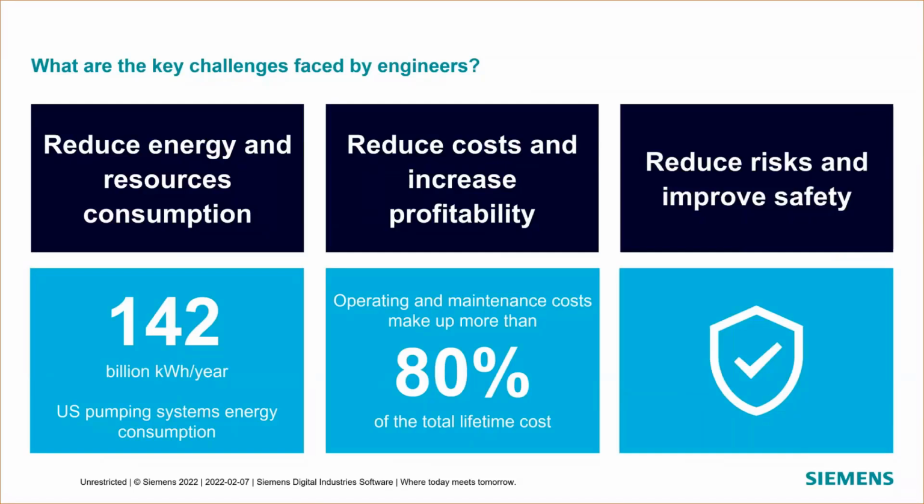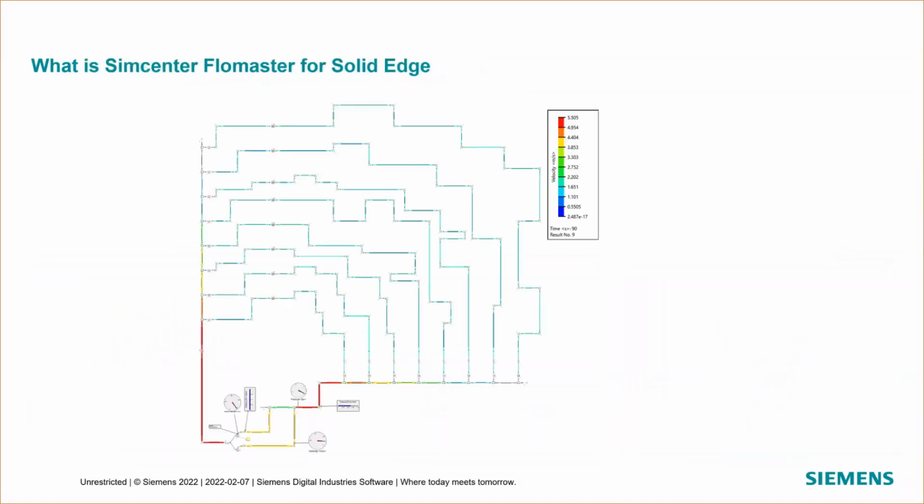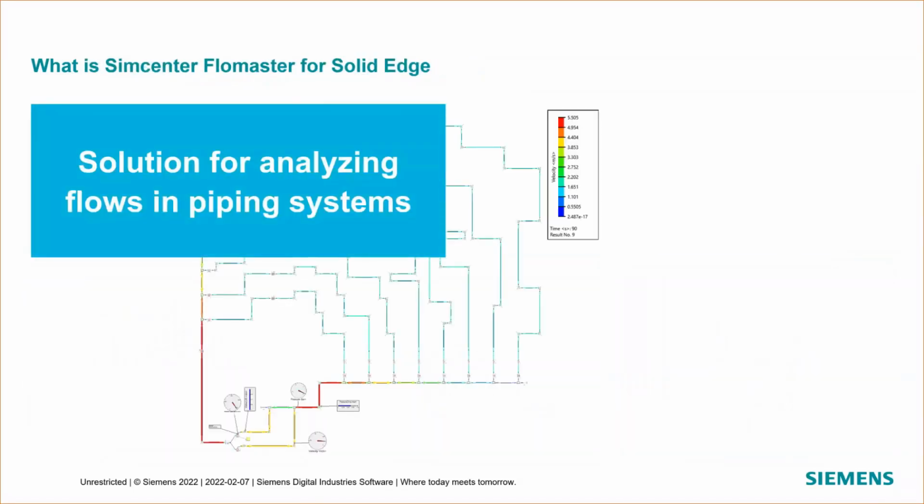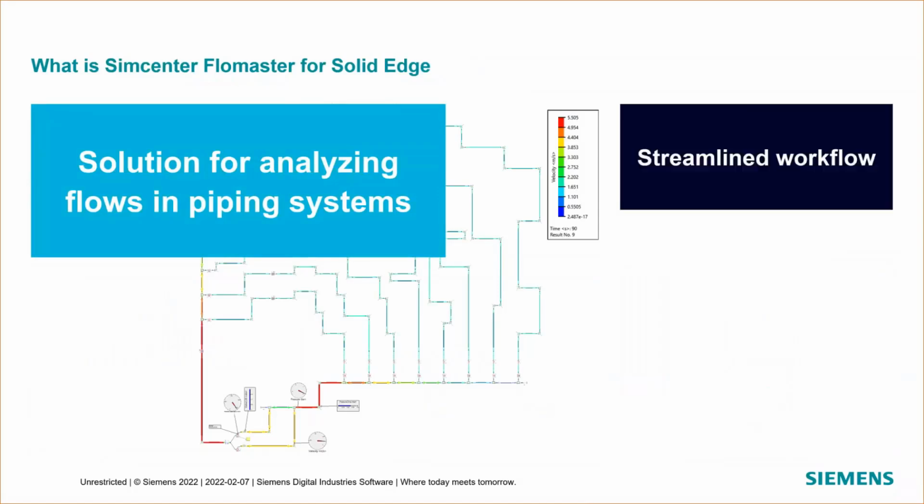So to help with this, we've introduced SimCenter Flowmaster for Solid Edge, which is a solution for analyzing flows in piping systems. We've introduced a streamlined workflow to quickly compute and visualize flow velocity. So the example we can see here, we have a Flowmaster fluid system laid out.